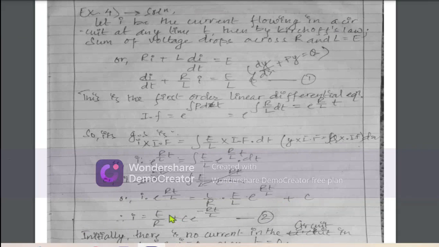Then only e^(Rt/L) is integrated, which gives L/R, and the constant also comes. Therefore, by solving this, I = E/R + constant × e^(-Rt/L). So let us consider it as equation 2.